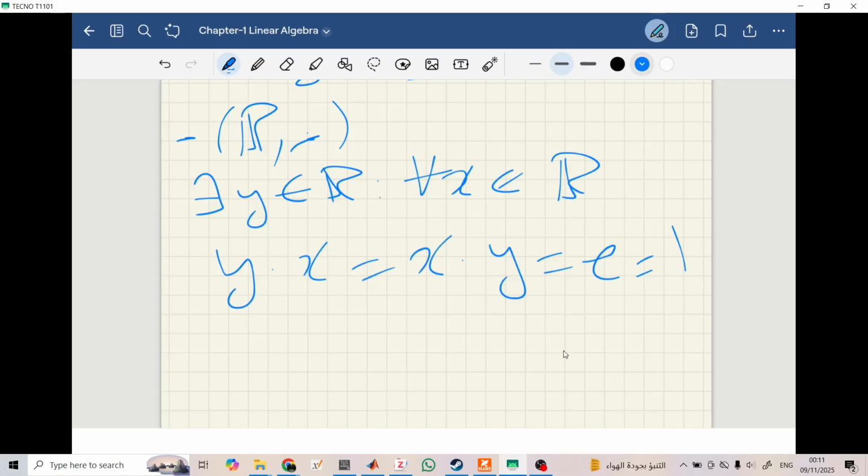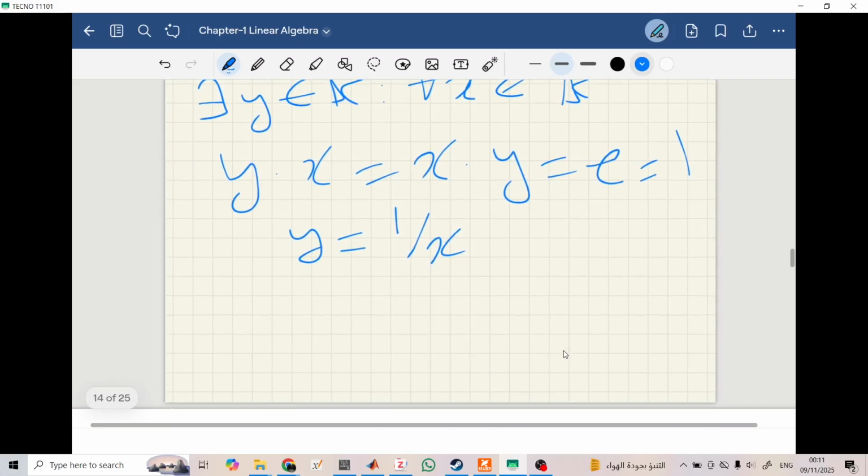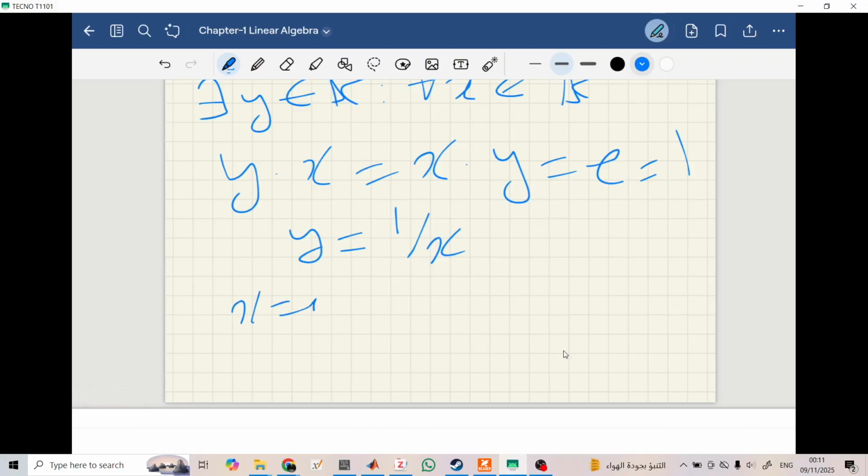So here we can say that y equals 1 over x, but we have a small caveat here. When x equals 0, then y goes to infinity, and this does not belong to R. So we have an inverse element for all x's except 0, right?